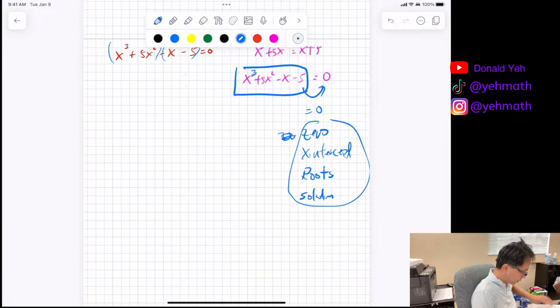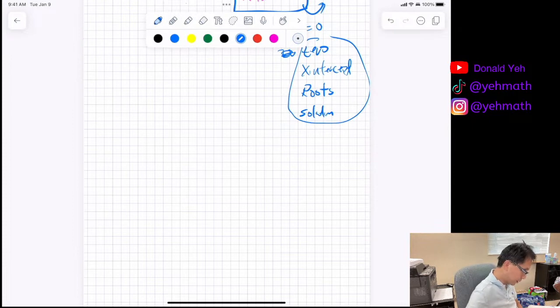So rational equation. Oh, there it is. Okay. I'm gonna ask you to solve this equation.